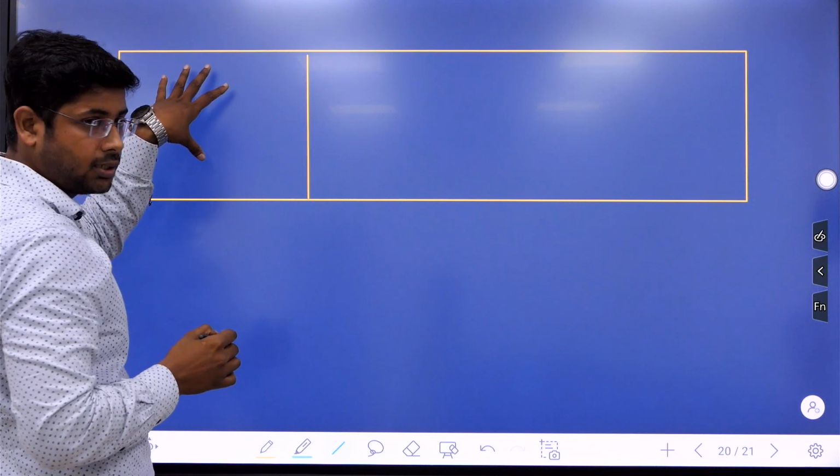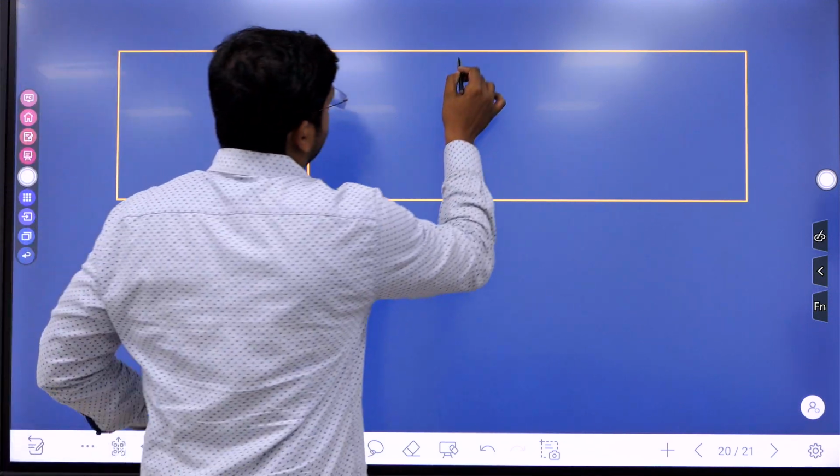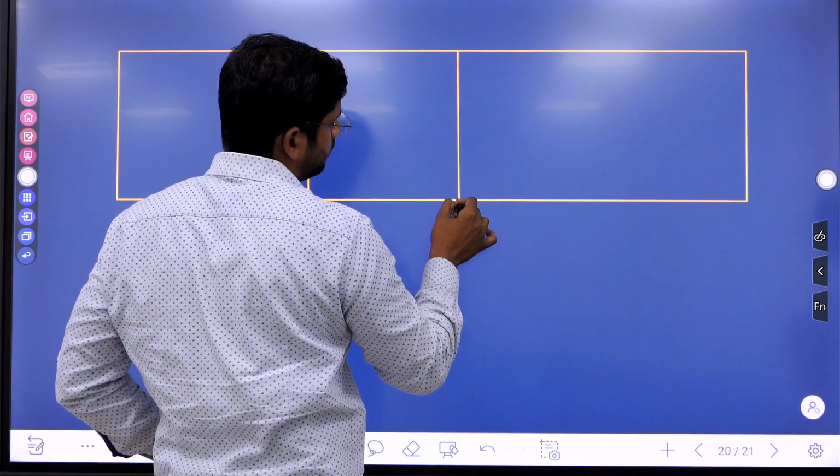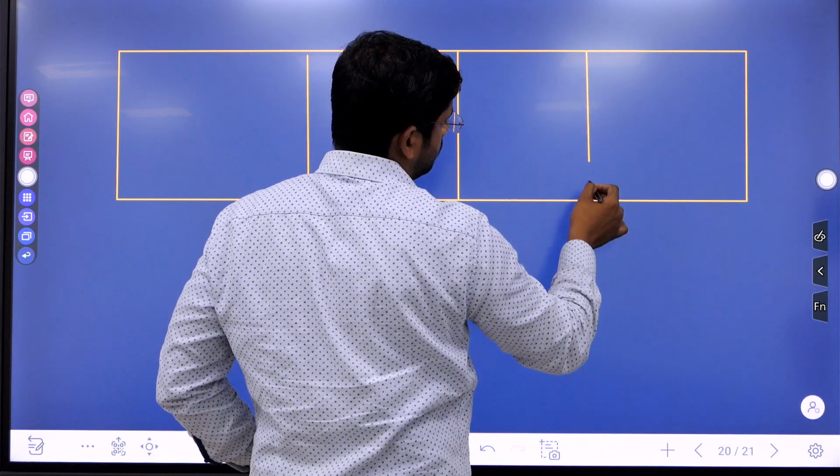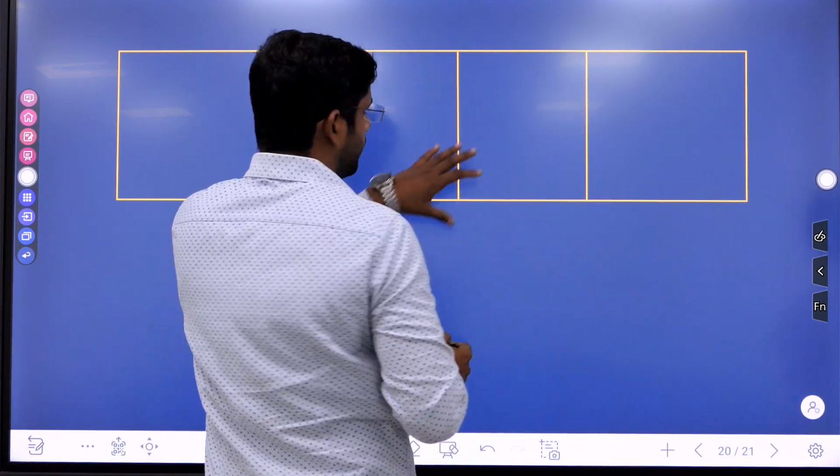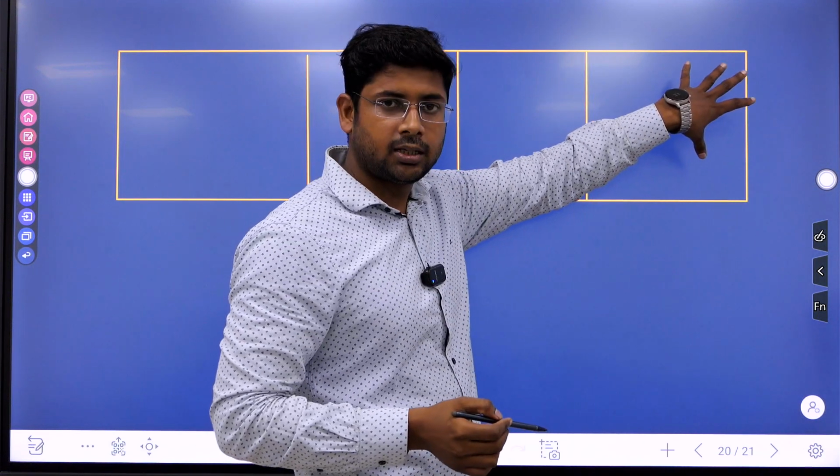The first part is for class interval, the second for frequency, the third for mid value or class mark, both are the same, and then you write fi xi.